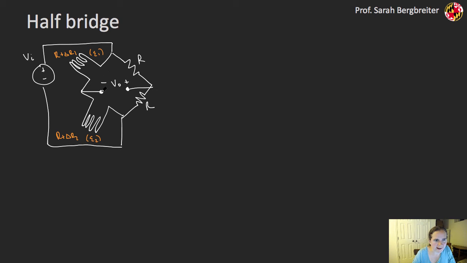So we're interested in how the output voltage of the circuit behaves as we have these small changes in the resistances of this circuit. And to do that, I can go back to my original derivation for what the output of this circuit is, which is the voltage divider on this side minus the voltage divider output on this side, all of that times the V in voltage that I have applied to the bridge.